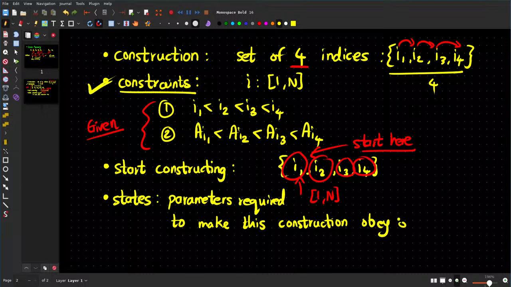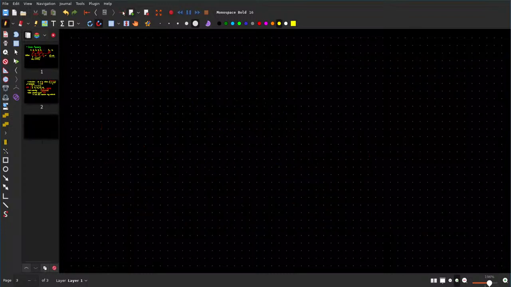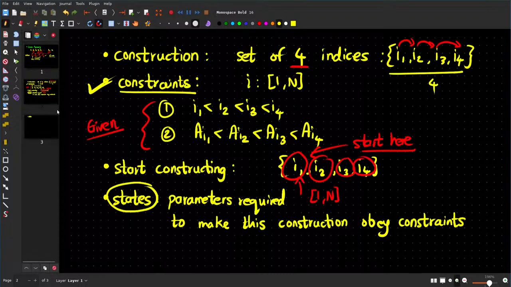So to make sure this construction obeys those rules, we need to keep some of the states, right? So let's see what those states would look like. States mean any information that is required to obey these constraint rules, right?